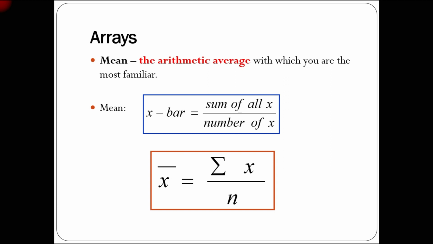So that is x bar equal to the sum of all x over the number of x, or the sample size, or the class size. So, ito yung formula natin. We have x bar equal to the summation of x over n, where n again is the number of x or the sample size, or kung ilan yung pinag-add ninyo.